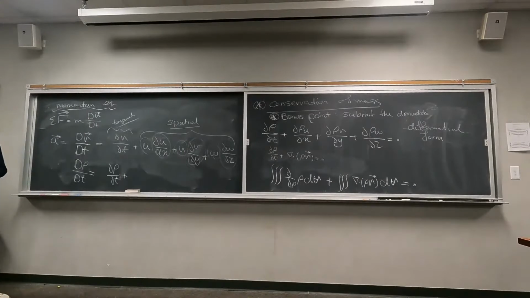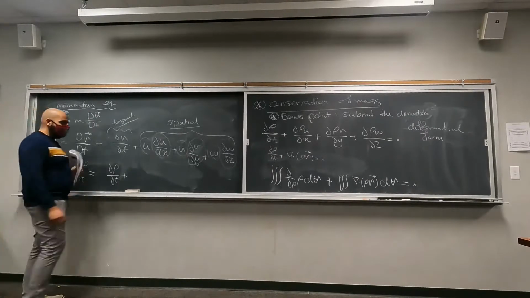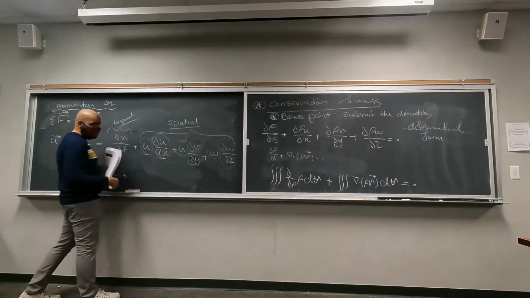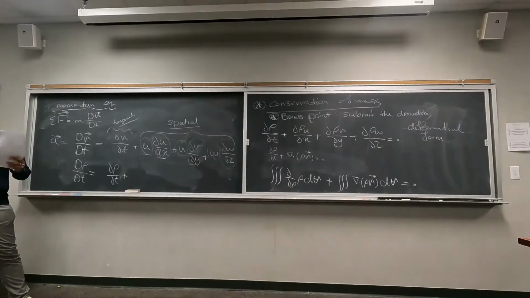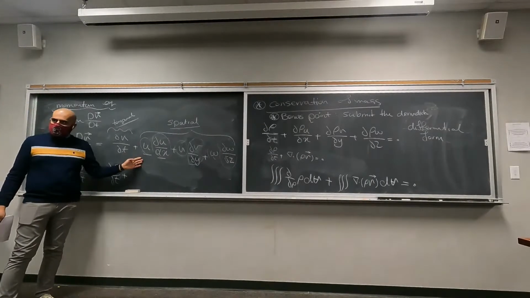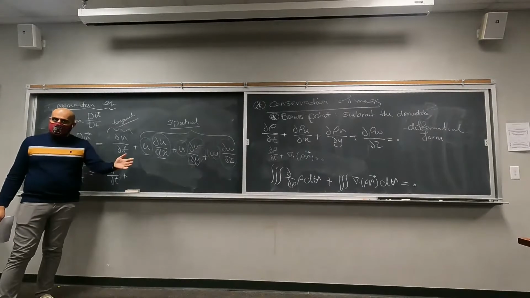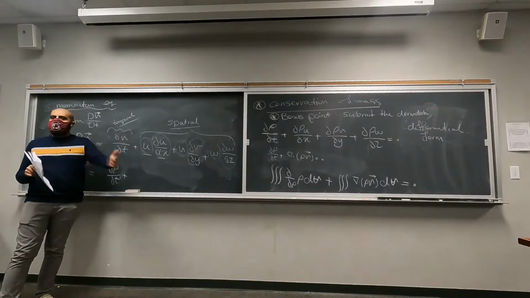Okay, let's go back to density. I want to make sure you understand the distinction between these. In a spatial derivative, there are two things that are going to become important. How fast you are moving to get to another point, right? And how much that variable changes as you move.